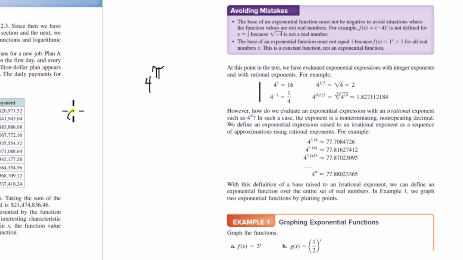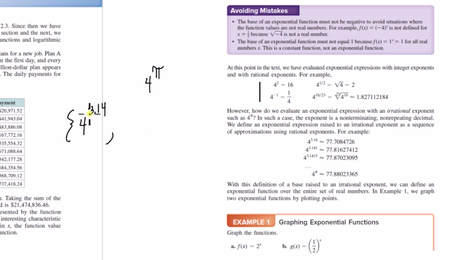You can think about a sequence where, if we're thinking about what 4 to the pi is equal to, then this sequence would start with 4 to the 3.14 power. That's an approximation of pi, just 3.14. In this case, we have a terminating decimal.